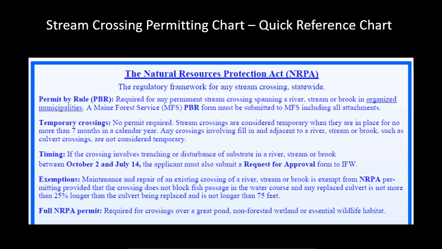This section describes timing: basically if you're installing a structure between October 2nd and July 14th, you need to get approval from IFW, so it's a good reminder there. And there's a request for approval form you would need to fill out and return to them, and I'll talk about that a bit more soon. It explains some exemptions for maintenance and repair, and explains that a full NRPA permit is required for crossings of some resources.